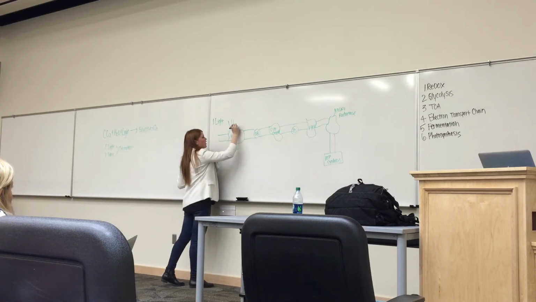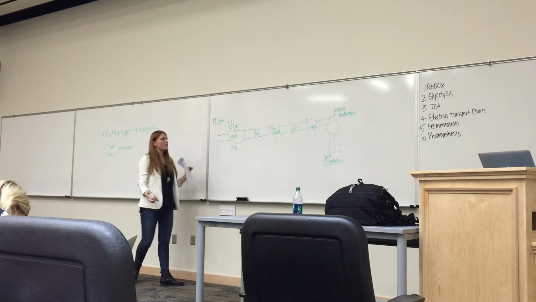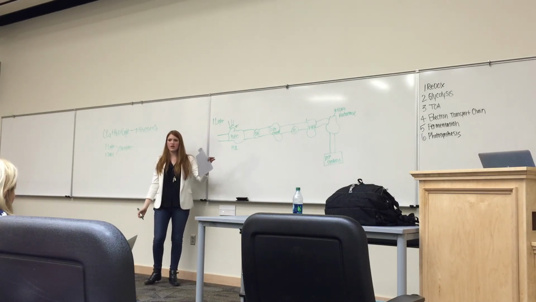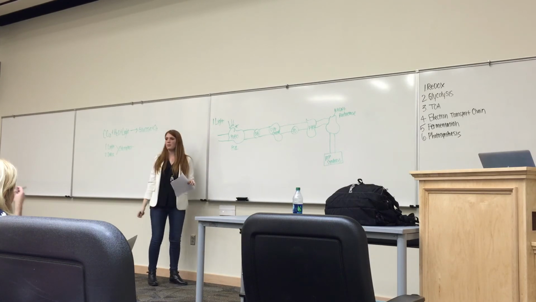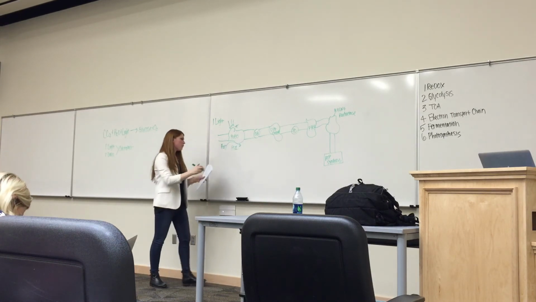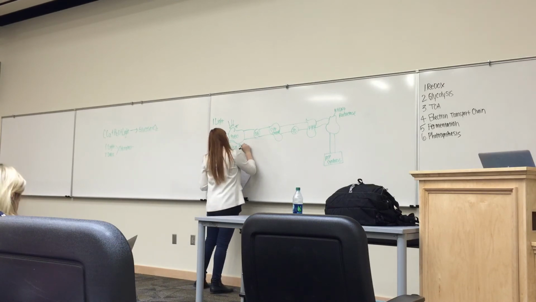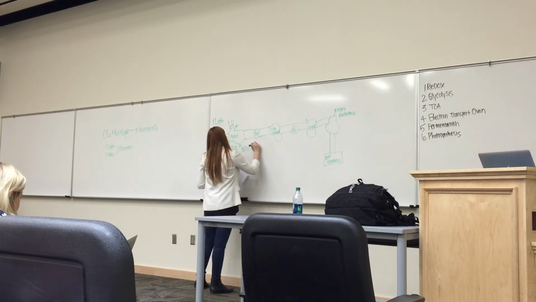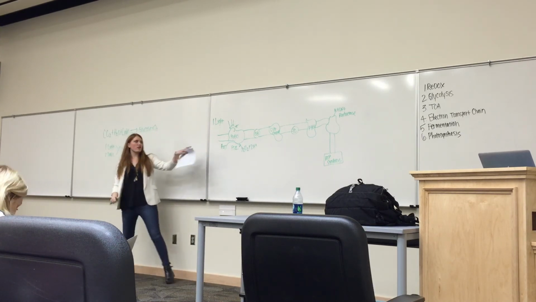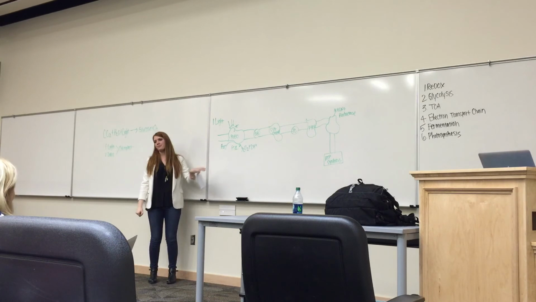So now we have this electron, and it has tons of energy, but this photosystem doesn't just want to lose an electron, so what will it do to compensate? We'll take water, and this isn't super important, just know that the electron that's being used to replace the electron that's leaving comes from water. That's the source that drives this whole thing.